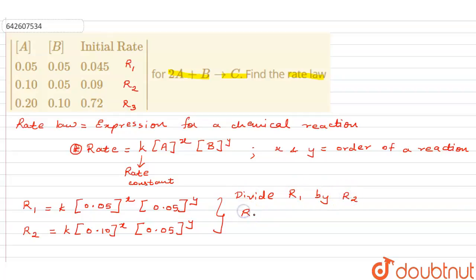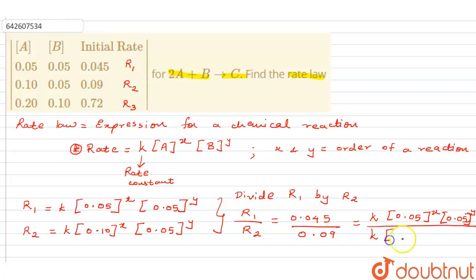So R1 upon R2 will be equal to 0.045 upon 0.09, which will be equal to the right hand side, in which K into 0.05 raised to X into 0.05 raised to Y, divided by K into 0.10 raised to X into 0.05 raised to Y.